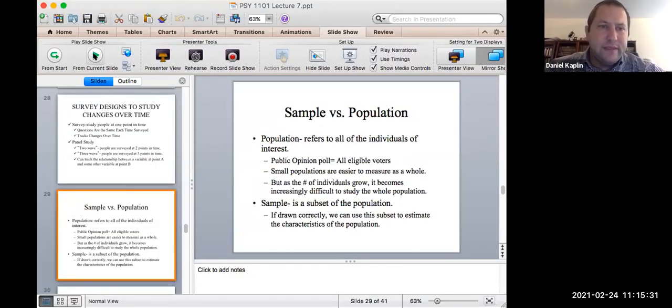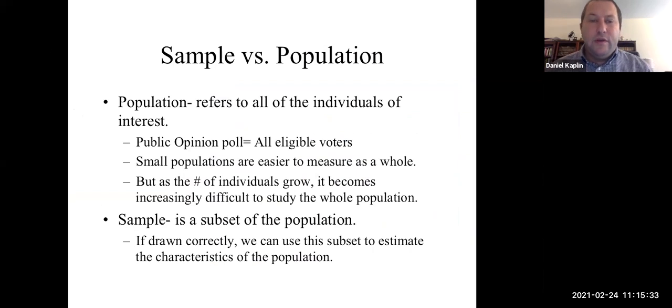So the first thing that I'd like to talk to you about is differentiating between a sample and a population. When we use the word population, the word population refers to all parties of interest, all individuals of interest. Now, researchers define their population.